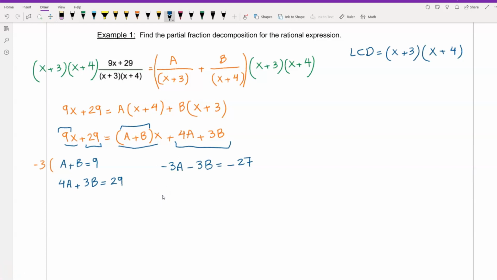And the second equation, 4A plus 3B equals 29. So negative 3B plus 3B is 0, negative 3A plus 4A is A, and this is equal to negative 27 plus 29, which is 2. So A is 2.